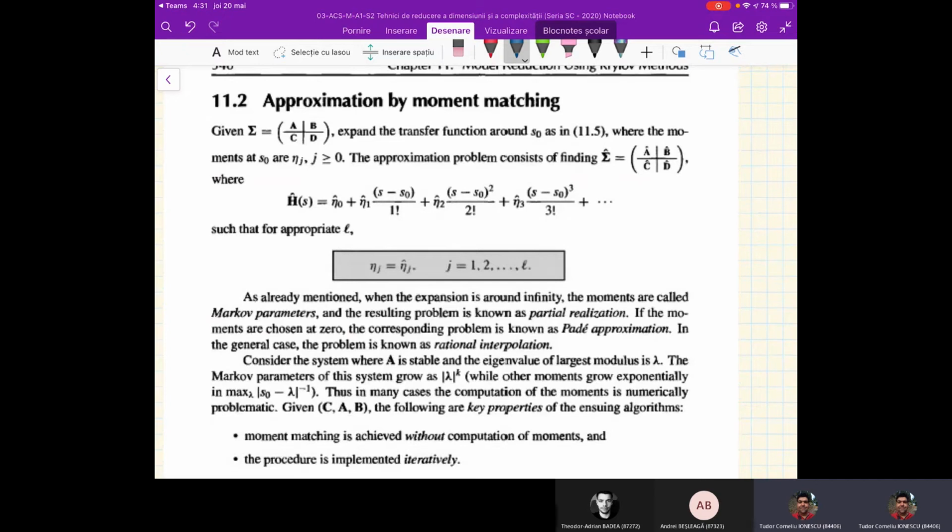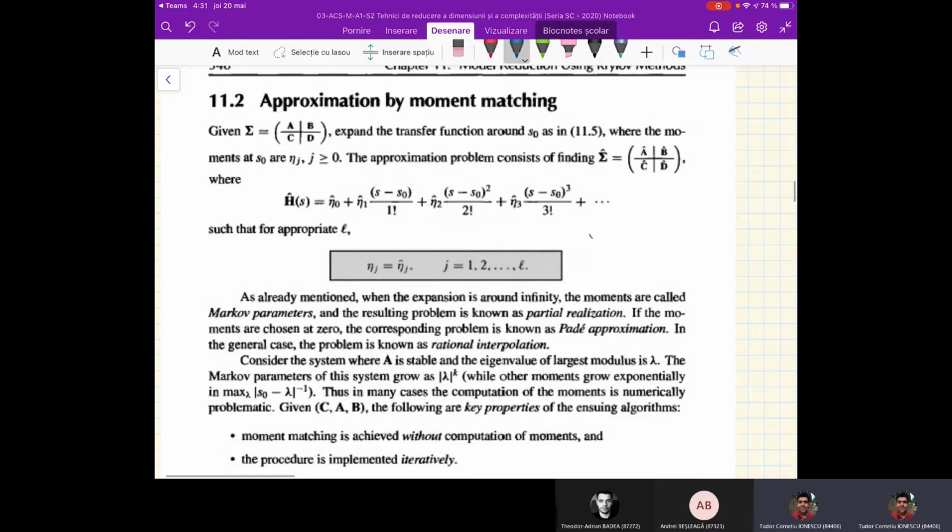Now let's see what an approximation through moment matching is. Given some system sigma, you expand the transfer function around any point S0, and the moments around S0 are eta j. Then you'd like to find F hat, G hat, or here it's A hat, B hat, C hat, and D hat, which is always D, such that H hat has this Laurent series expansion.